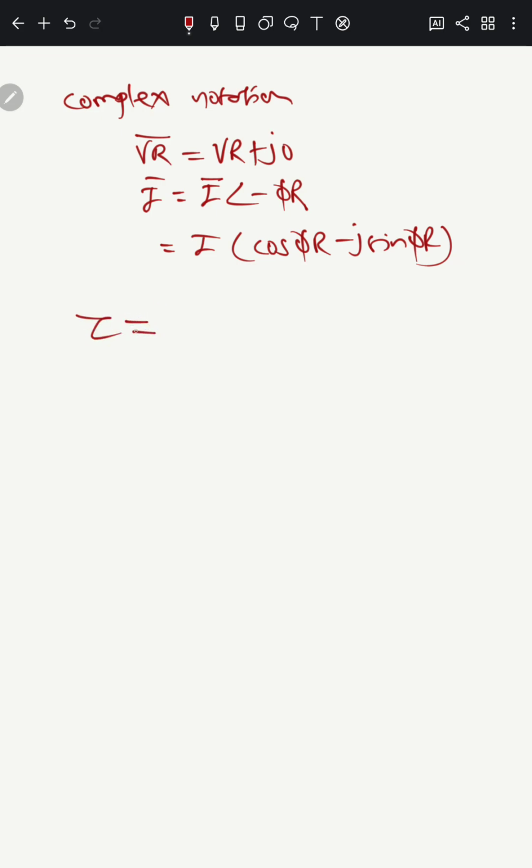I can write impedance as R plus jXL because it was resistor and inductor connected in series.